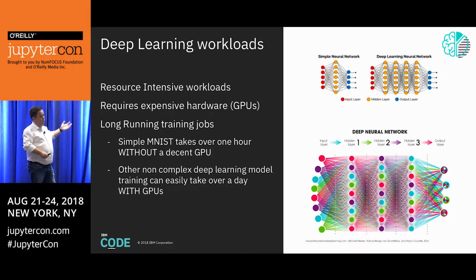And yes, as I mentioned, and as Paco mentioned in the keynotes today, it requires expensive hardware, and particularly in big companies, we want to share that hardware, as it's not very cost effective to have it on every person's desktop. Here on the right, you can see a very simple model, but then how deep and complex those models can become, and to train those, it becomes very intensive computing.